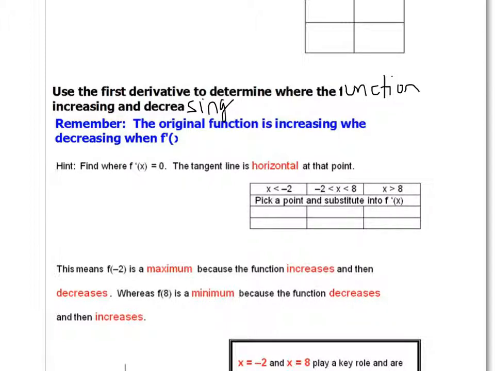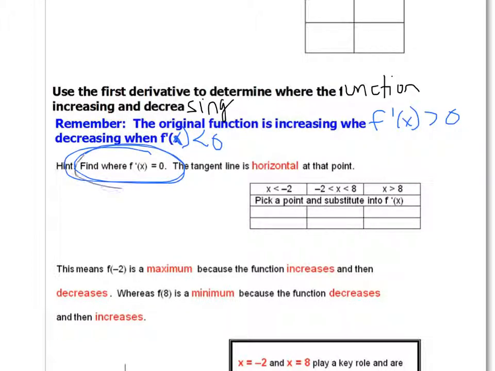So remember, the original function's increasing when the first derivative is positive and decreasing when the first derivative is negative, because that's our slopes. So here's what we're going to do for every problem.